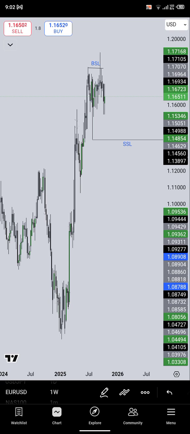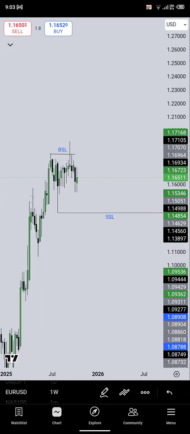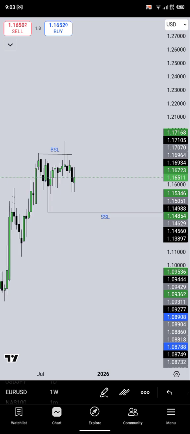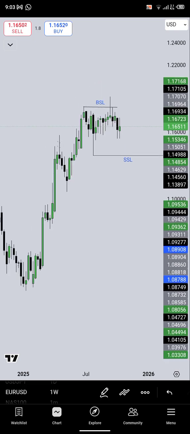So right here with me, I have Euro USD on the 1 week time frame. Like you can see the analysis I've done already.